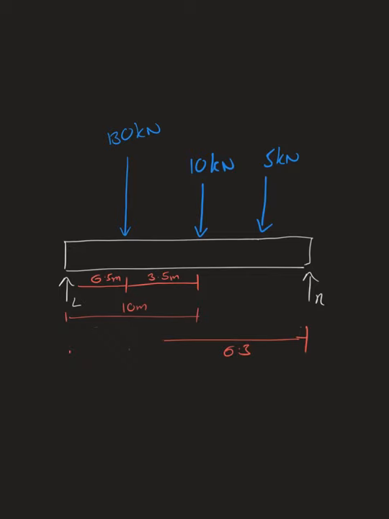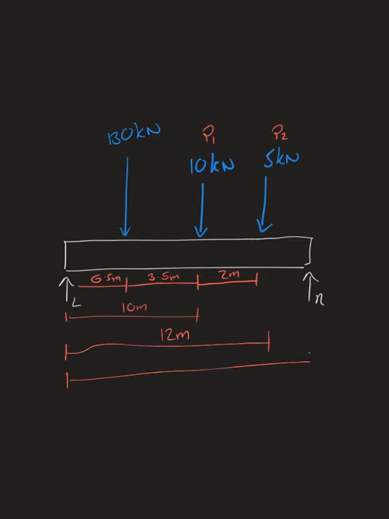I'm going to rub this line below out. And if I go the opposite direction, think about it, I know P2 acts 12 meters away from L, and to do that, this value must be 2, and I know the entire length of my beam should be 13 meters, so this value should be 1. And now I should be ready to solve this question.